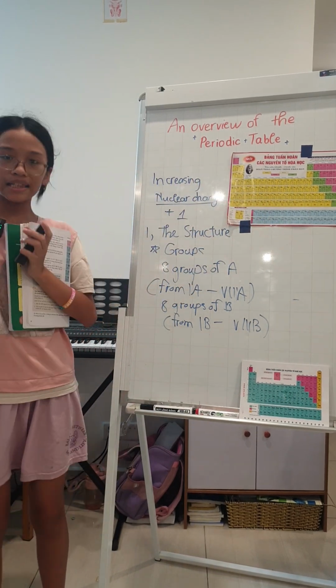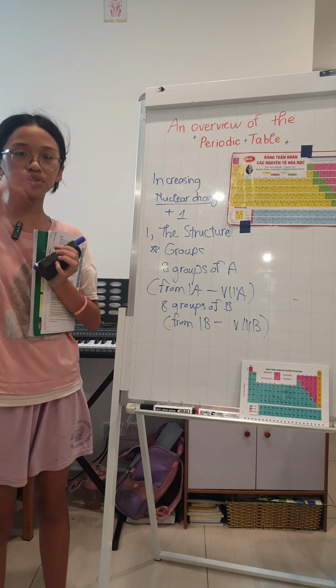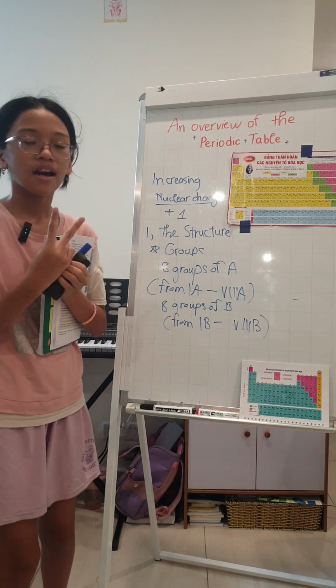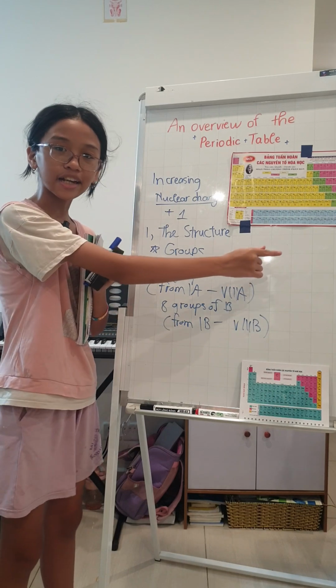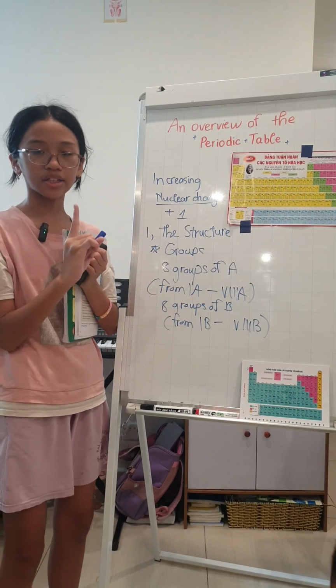That means lithium has 2 electron shells, and in the outermost shell, which is the second shell, it has 1 electron.